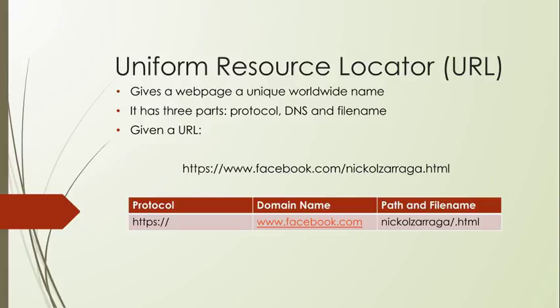So an example is www.facebook.com/nicolezaraga.html. So what do these parts mean? The protocol is HTTPS or Hypertext Transfer Protocol Secure. The domain name is www.facebook.com. Then the path or file name is nicolezaraga.html.